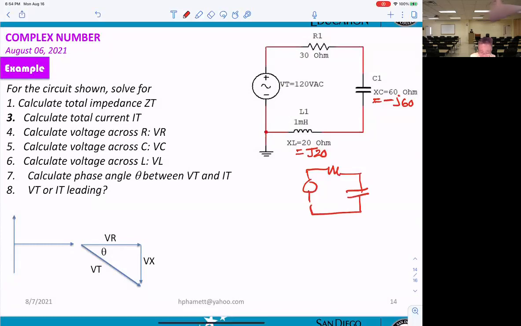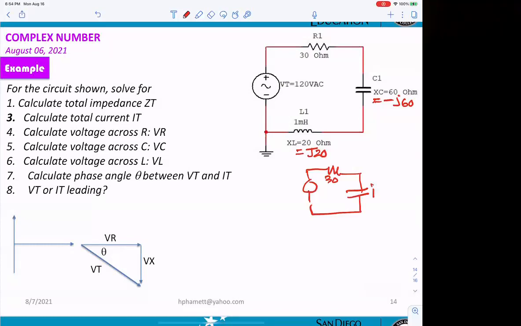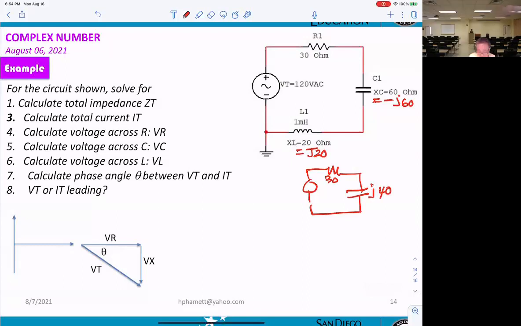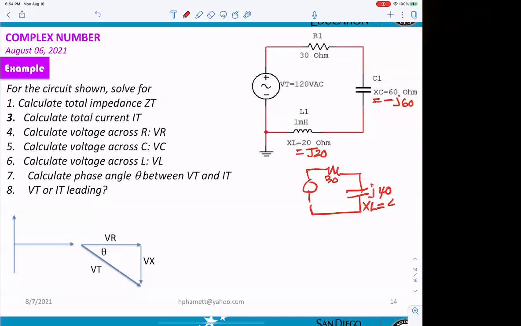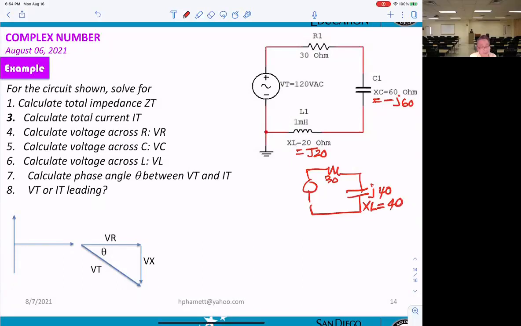That still will be 30, however that will be 40J. For rectangular, you would have 30 minus J40. We don't want to do that negative. You do it like normal.